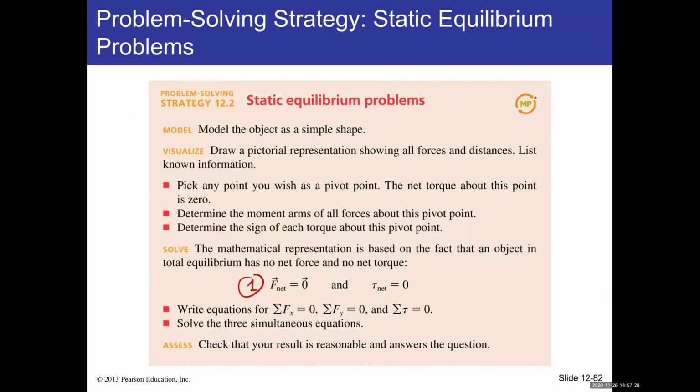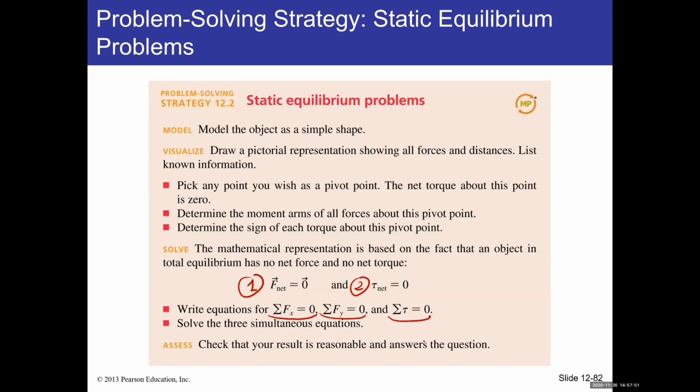Condition one, the net force equals zero, which in a way can give us up to two equations. Net force in the x direction equals zero, net force in the y direction equals zero. Then condition two, net torque equals zero. You get one equation out of this because clockwise and counterclockwise can be combined in one equation.